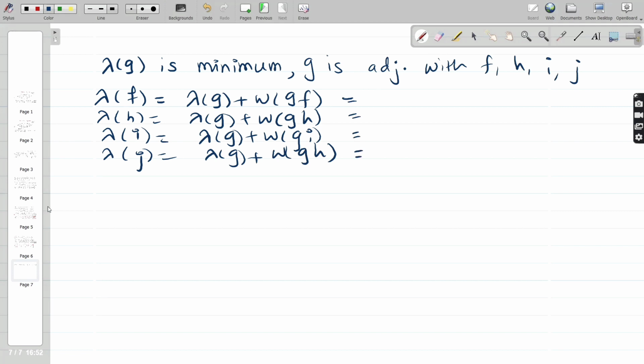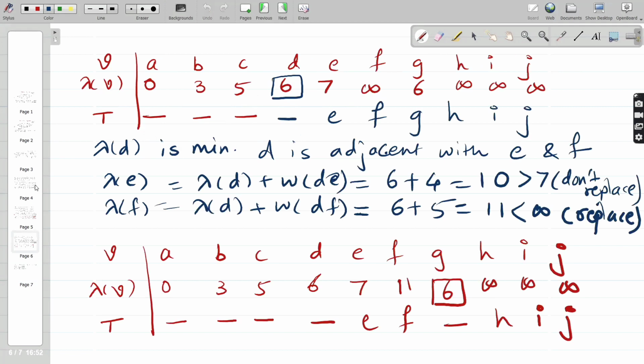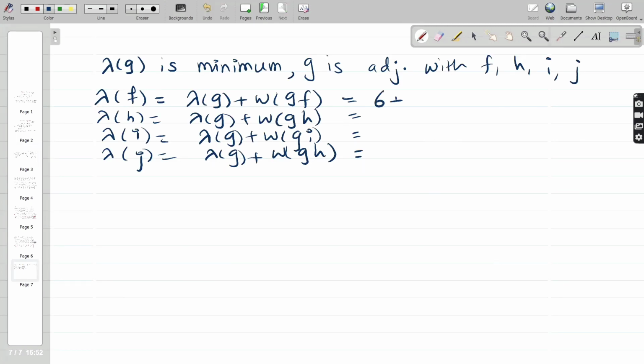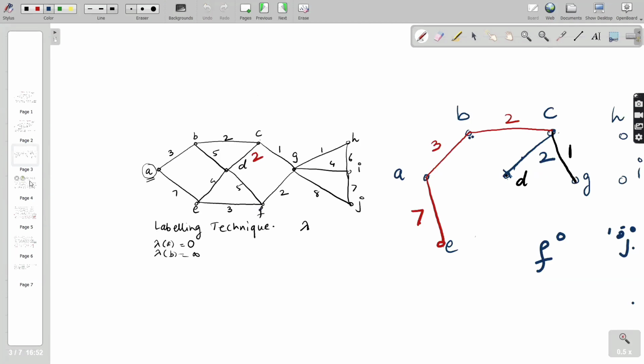Okay, so what is lambda G value here? 6. And now let us see. It is 1, and it is 2 for F and 1 for H. Okay, so 6 plus 2, 6 plus 1, then 6 plus 4 and 6 plus 8.